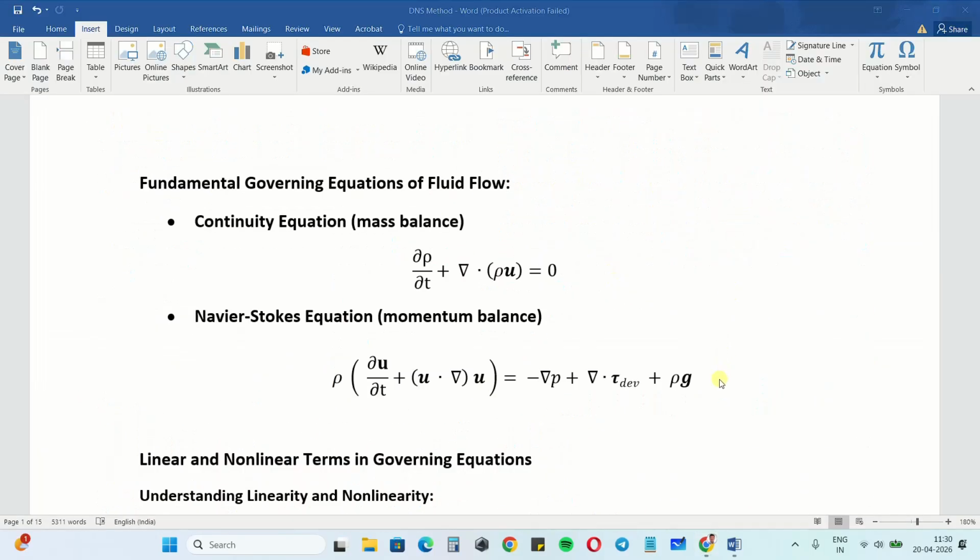So the final concept that we want to be aware of is with respect to the solver that we are going to use. In general, the Navier-Stokes equation can be written in this form. The final term, which is the body force term, will be modified to account for the buoyancy effects, and that's basically done using the Boussinesq approximation.